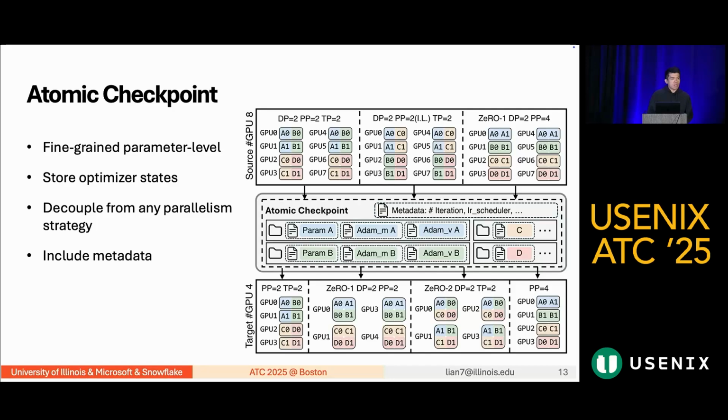Importantly, this format is decoupled from any specific parallel strategies, making it adaptable across different configurations. It also includes metadata such as training iterations, the learning rate scheduler, and other essential runtime information to support full recovery.